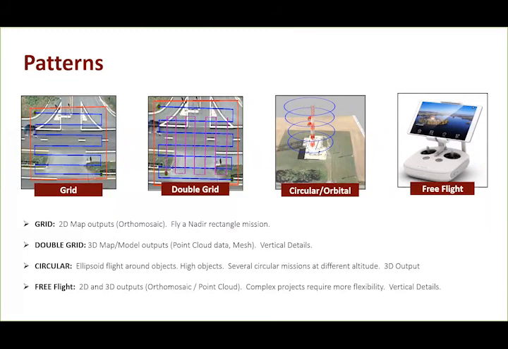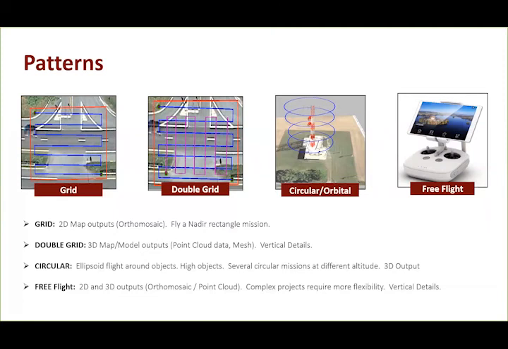The first one that's listed there is a grid pattern, or sometimes referred to as a corridor. It's almost like a farmer plowing through a field, where the area is being covered through a path that's preset by the autonomous flight capabilities of the app you may be utilizing, or you're flying it by stick, where you're looking to harvest some type of 2D data, a map output.